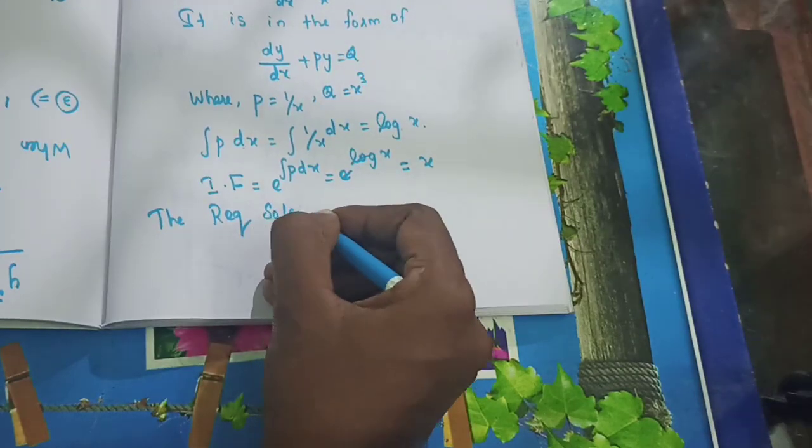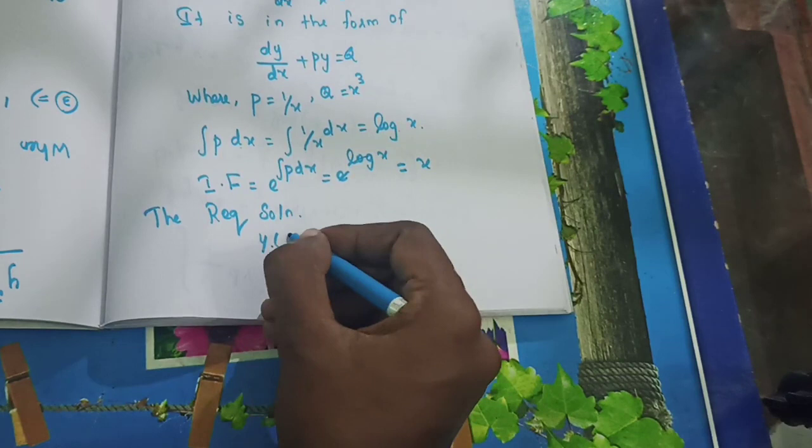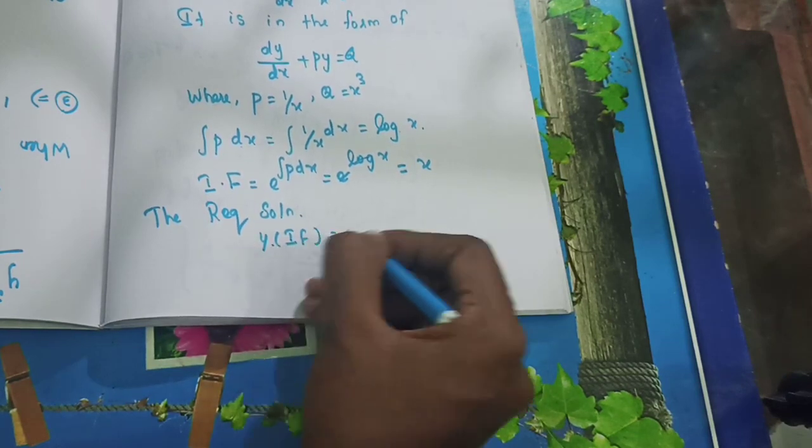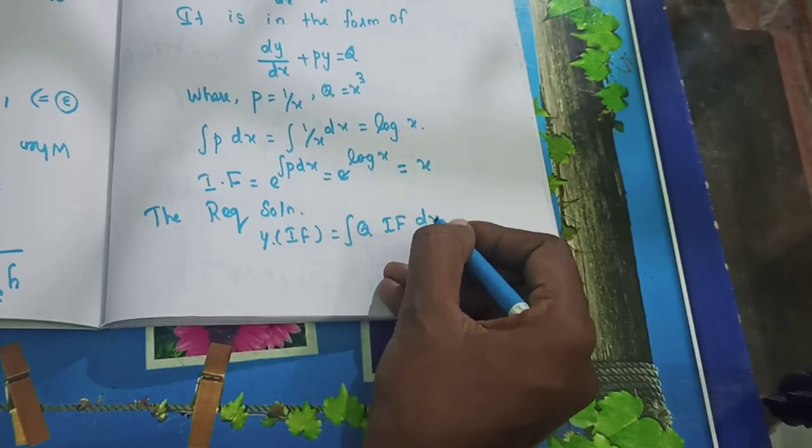Now we are going to find the required solution. The formula is y into integrating factor equals integral of Q into integrating factor dx plus c.